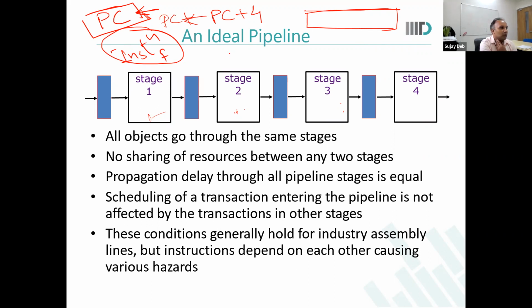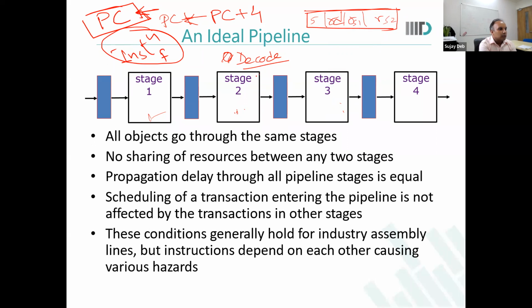So this stage we call the decode stage. In this stage, I decode what those 5 bits of opcode are saying and generate all the related control signals. The next thing I need to do is figure out where my operands are coming from. For example, the 32-bit instruction has this 5-bit opcode, then the destination register, source register 1 and source register 2.